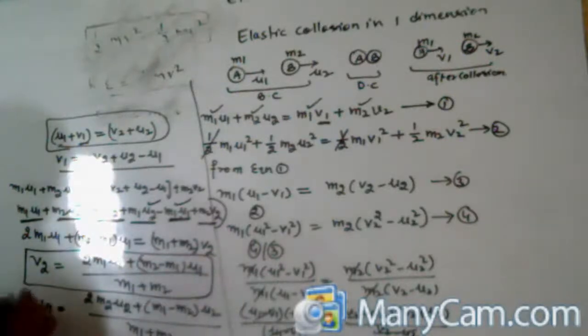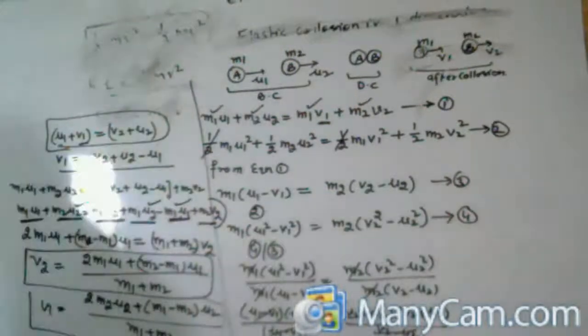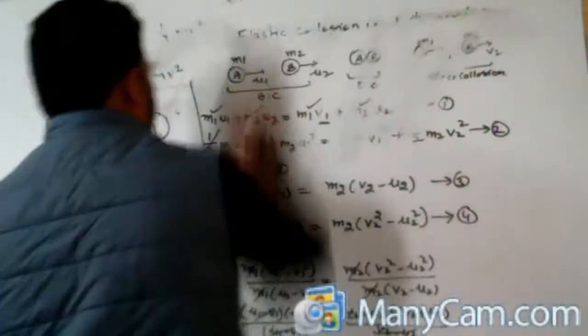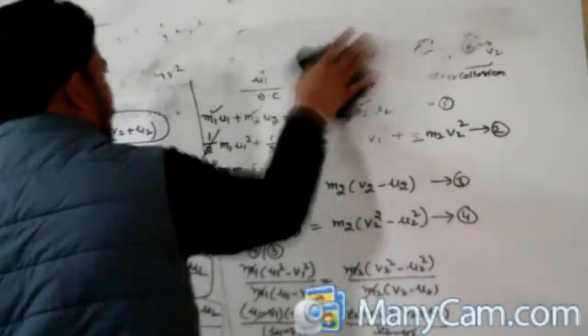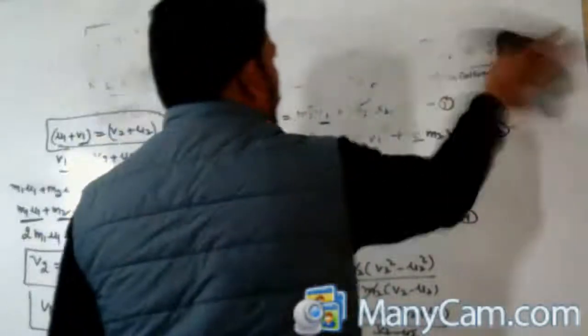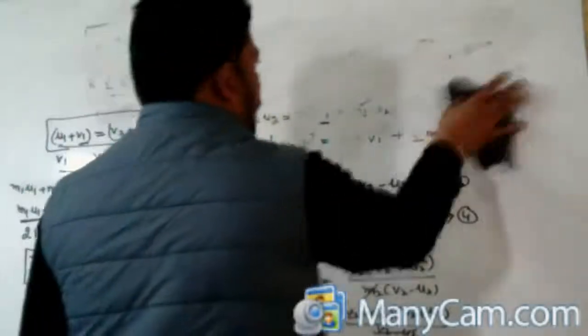This is your v1 and this is your v2. सॉल्व करेंगे बेटा, लिखेंगे स्पेशल केसेस का फर्स्ट, if the target body is at rest, राइट बेटा, please write and put the value in v1 and v2.